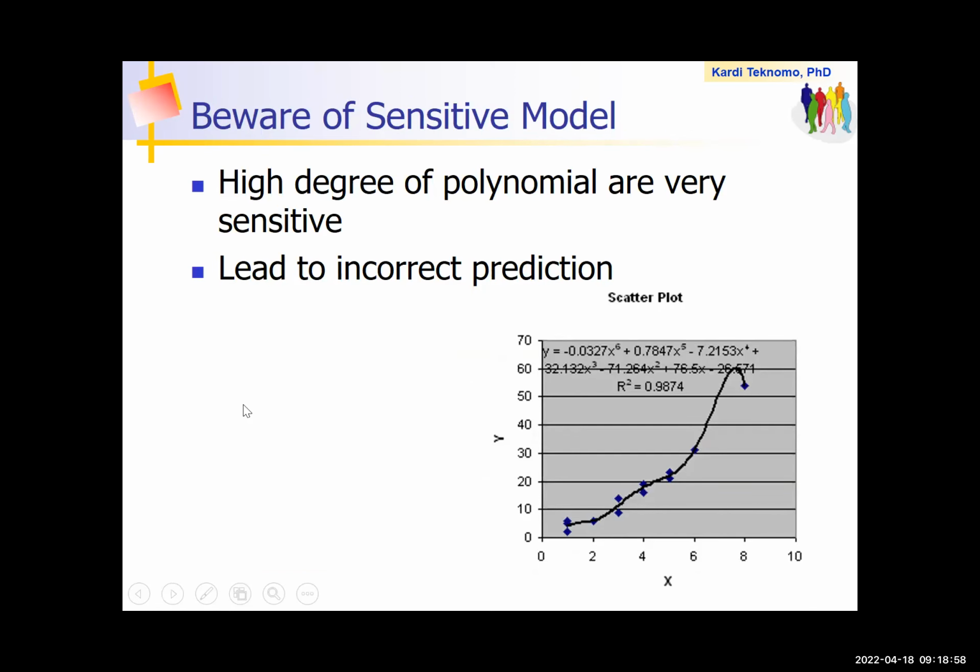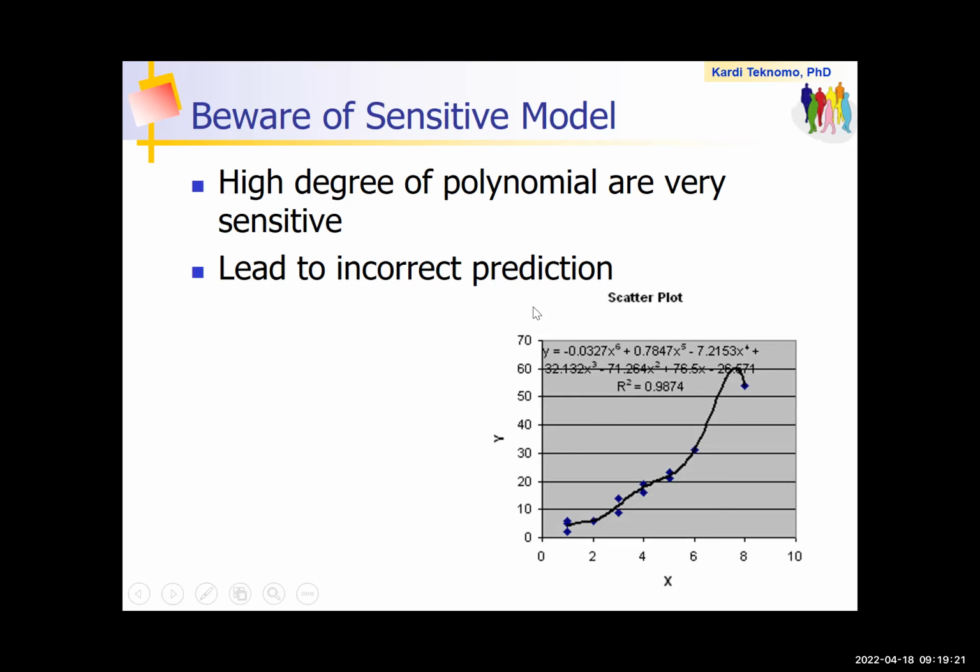Okay, so be very careful when you match your data with a polynomial model, because polynomial can be very sensitive, especially if it is a high degree, and it can lead to incorrect prediction.